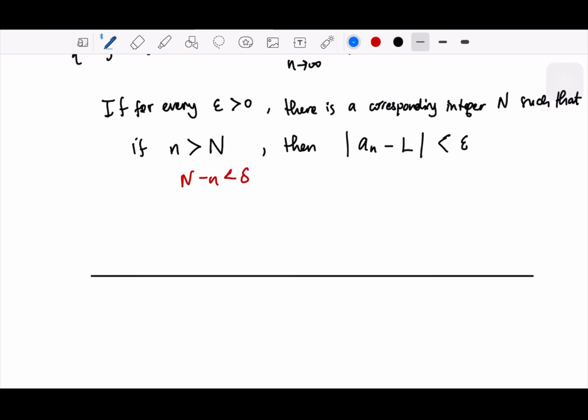if you look in your textbook, there are some illustrations. So if you have a sequence that oscillates, maybe from here to here, but then it gets smaller and ends up here.